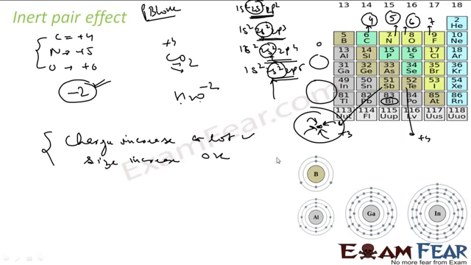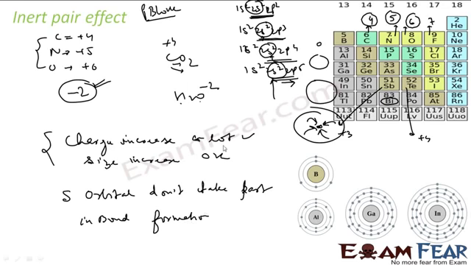So what is happening here is this s orbital, which is just before this p orbital, these s orbitals don't take part in the bond formation.